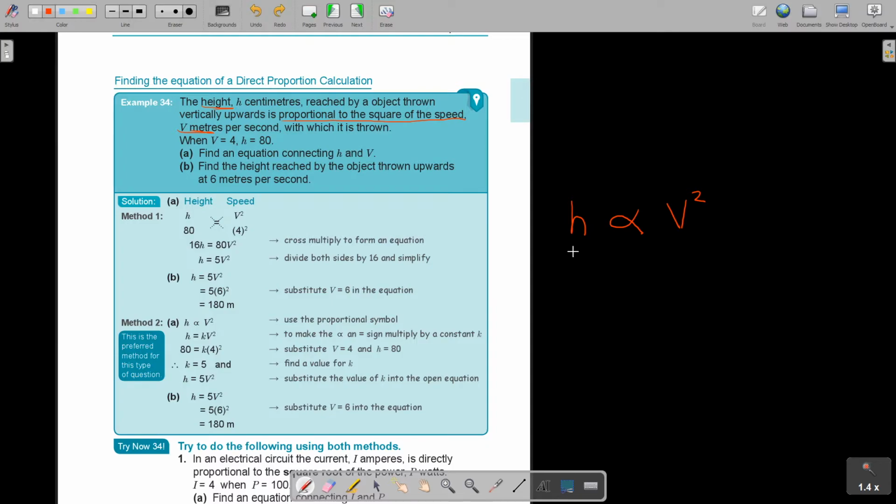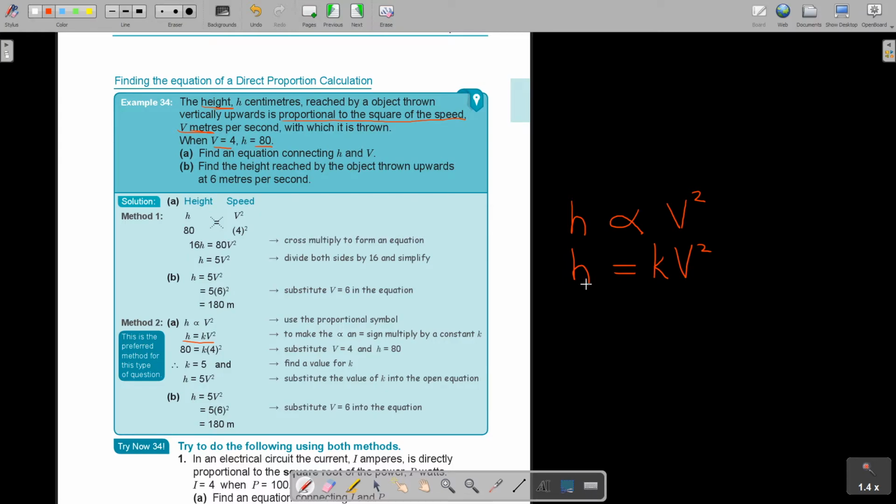Now to change this proportional sign to an equal sign, you just put a k in front. If it was indirect proportion, you would have said k over v squared. But again, it's not indirect. That's what I did there. Now I'm going to substitute the values.